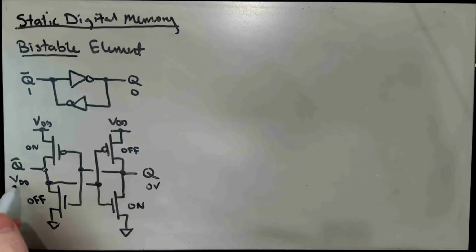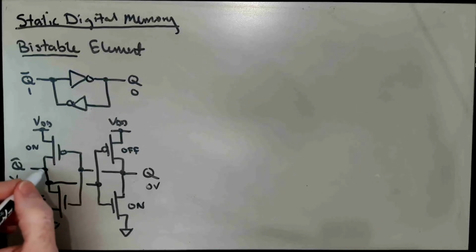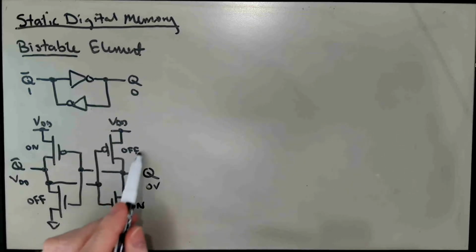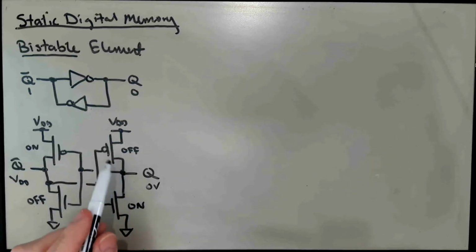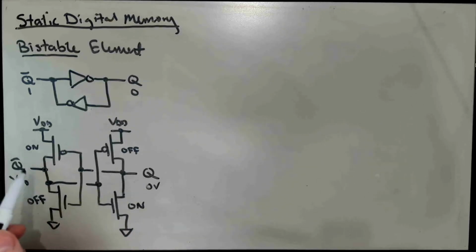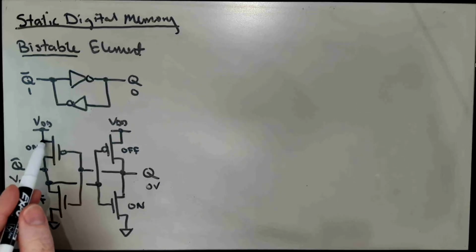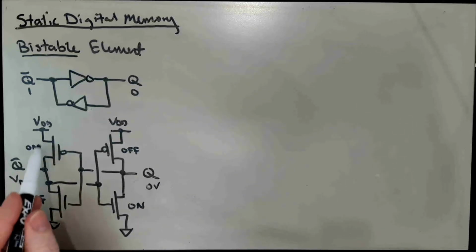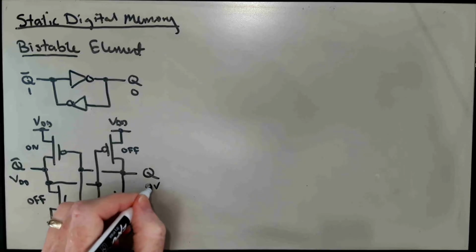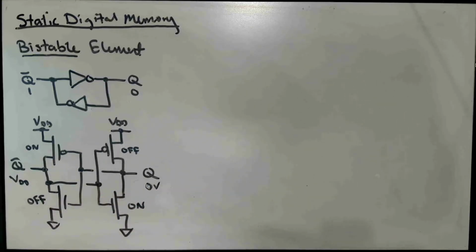Likewise, we could imagine perturbing this down from VDD, and that would partially turn this transistor off and partially turn this transistor on, but it would still be balanced so that this would be probably still quite close to 0, and that would in turn maintain this transistor pulling up against this perturbation from VDD and restore the state back to this configuration, which means that this is a stable configuration for these voltages to be in.